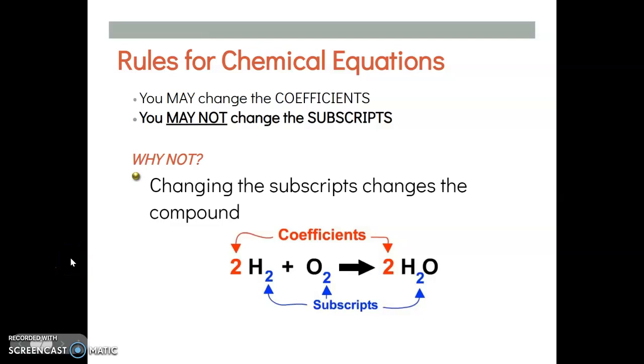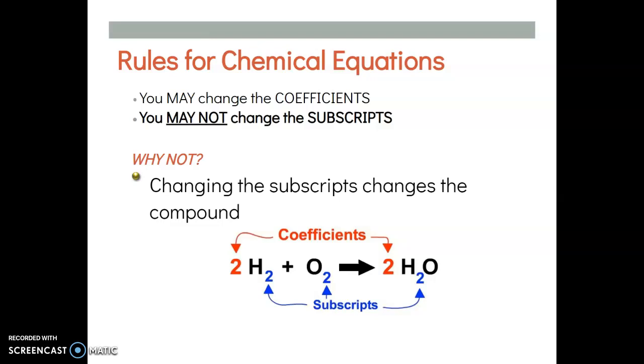Okay, so now, when we are balancing chemical reactions, there are some things we can change and there are some things we cannot. We can change the coefficients. We cannot change the subscripts because changing the subscripts will change the compound. So the subscripts have to stay.